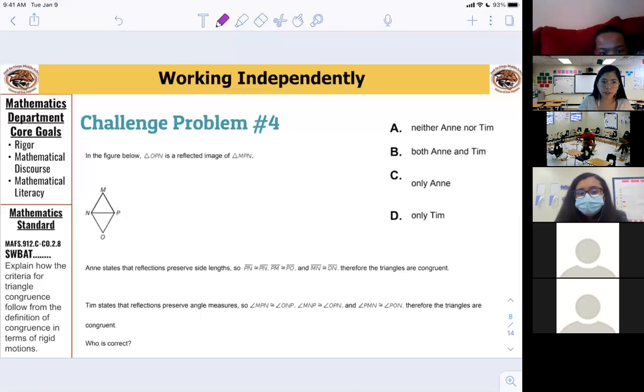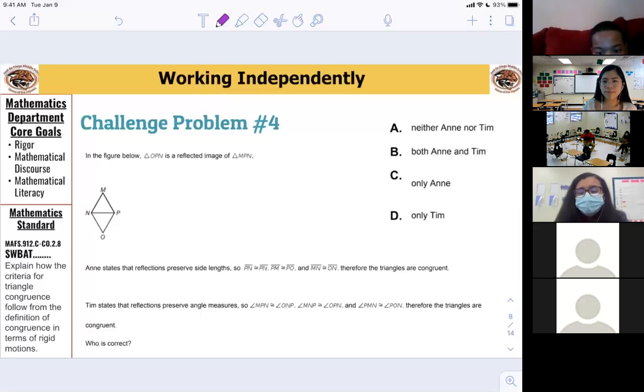Therefore, the triangles are congruent. Tim states that reflections preserve angle measurements. So angle MPN is congruent to angle ONP, angle MNP is congruent to angle OPN, and angle PMN is congruent to angle PON. Therefore, the triangles are congruent. Who is correct?